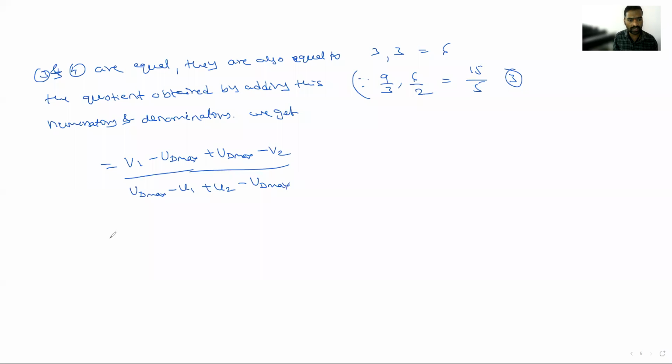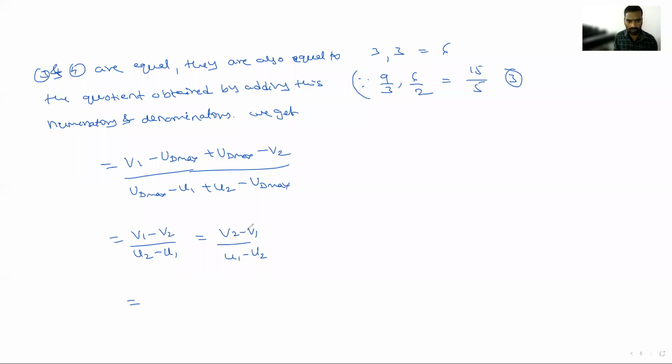So this can be written as V1 minus V2 divided by U2 minus U1. Or this can also be written as V2 minus V1 divided by U1 minus U2.